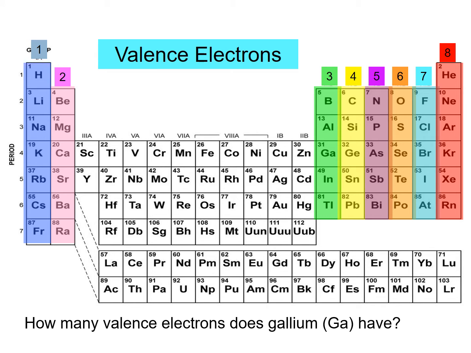You look for gallium, Ga, that is in the boron group, so it has 3 valence electrons. How many does strontium have? Strontium, Sr, is over here, number 38. It's in the alkaline earth group, so it has 2 valence electrons. Xenon, xenon's a noble gas, so it's going to have how many? If you said 8, that's awesome.